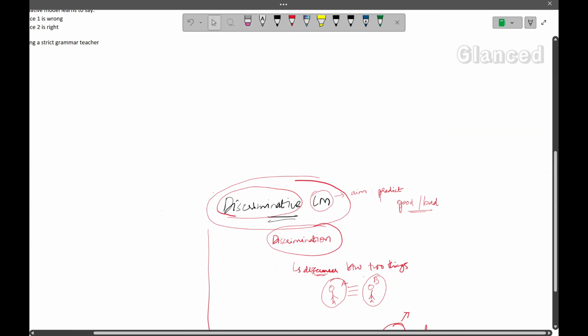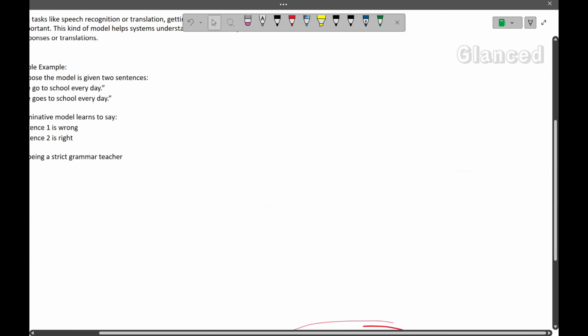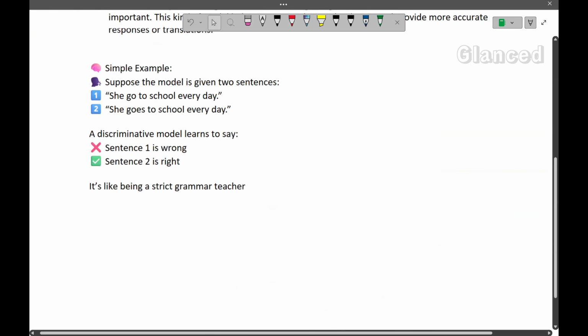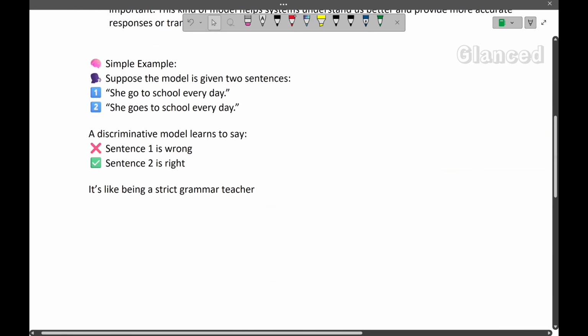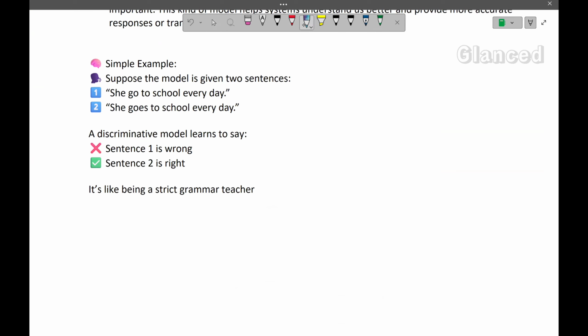Let's see one example, just one real time example, how it actually does this. Let's say that you have given these two sentences to the discriminative language model. The first sentence is "she go to school every day" and the second sentence is "she goes to school every day".